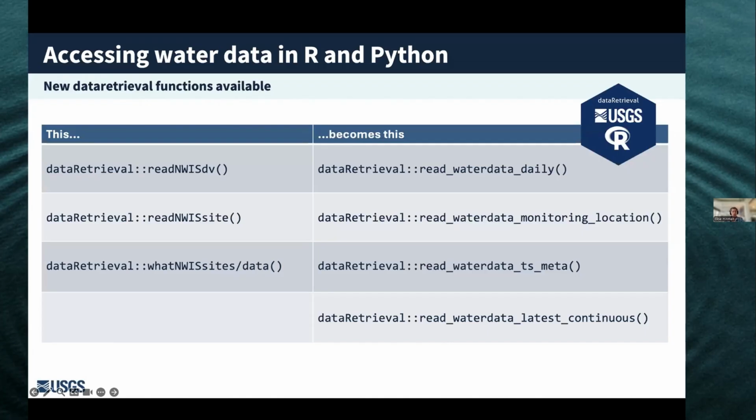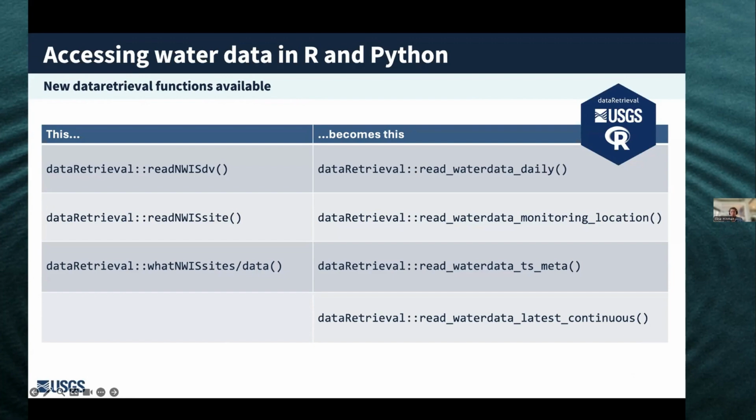With the new services coming online, the computational tools team is hard at work creating new functions to accommodate these changes. We have started developing these functions in the R version with data retrieval Python following suit. Here's some of the new functions that are available right now. So on the left-hand side of the table, we have the existing function that uses the legacy WaterServices API to pull water data.